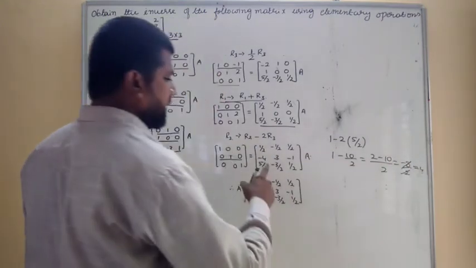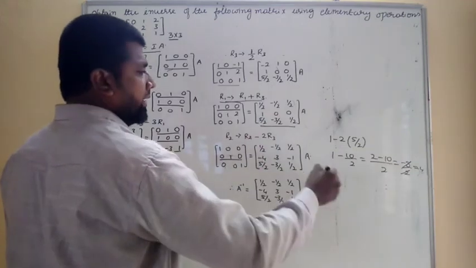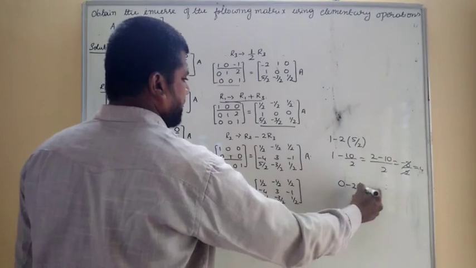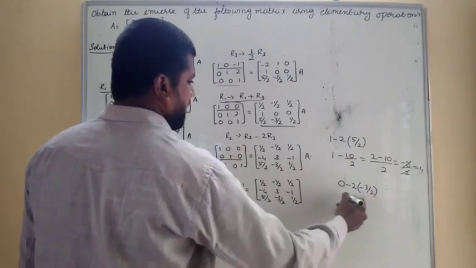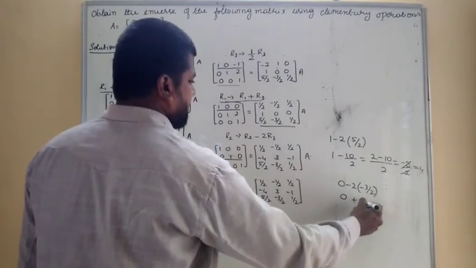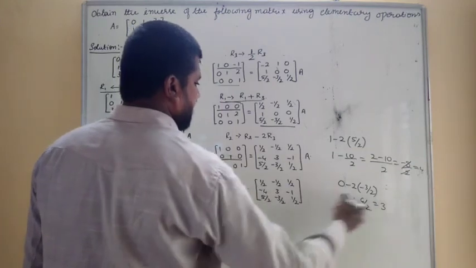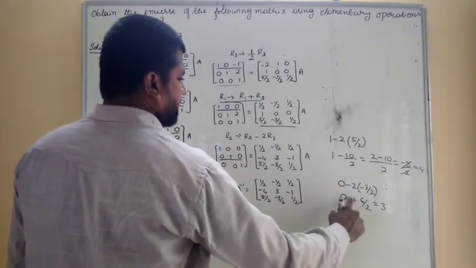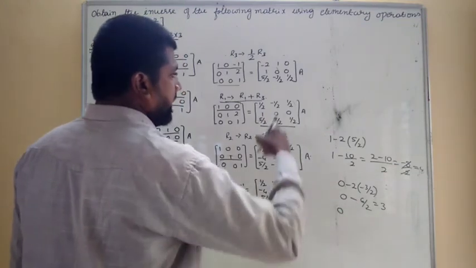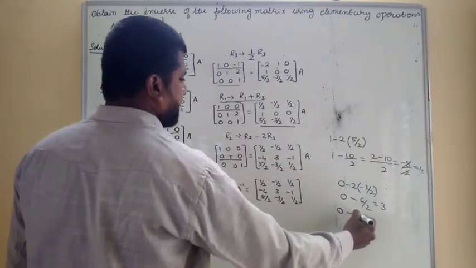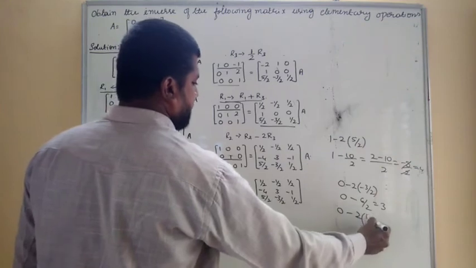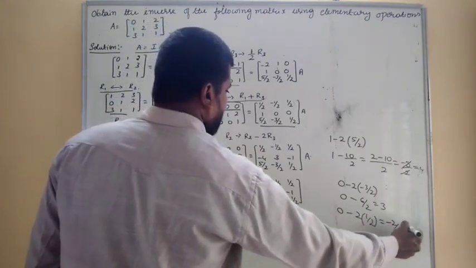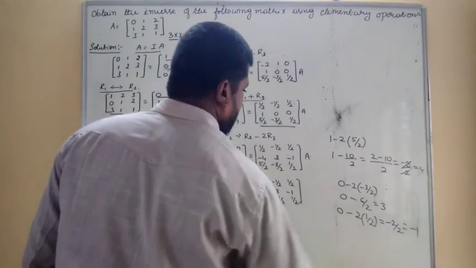The next element is 0 minus 2 into minus 3 by 2, which is plus 6 by 2, that is 3. The next element is 0 minus 2 into 1 by 2, which is minus 2 by 2, that is minus 1.